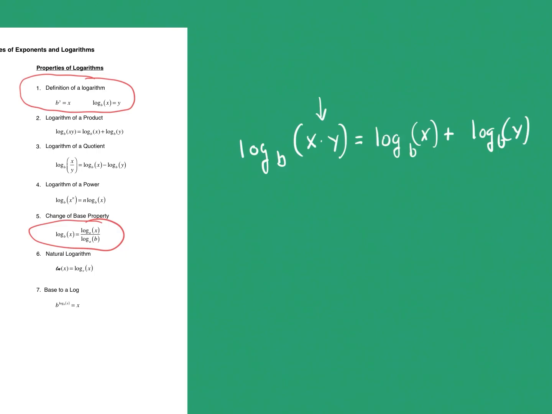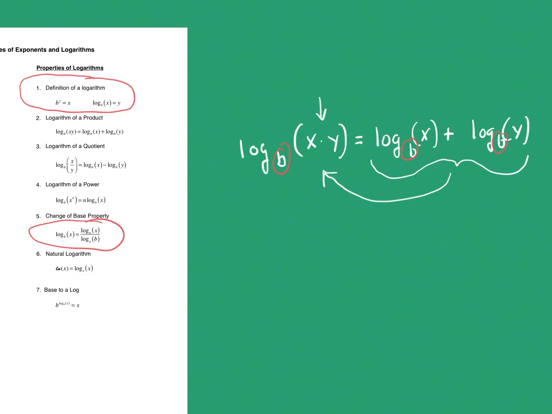This is a really nice property. A lot of times we go this way. We're given the sum of two logarithms and we can simplify them and go this way as long as they have the same base. So this base has to be the same.